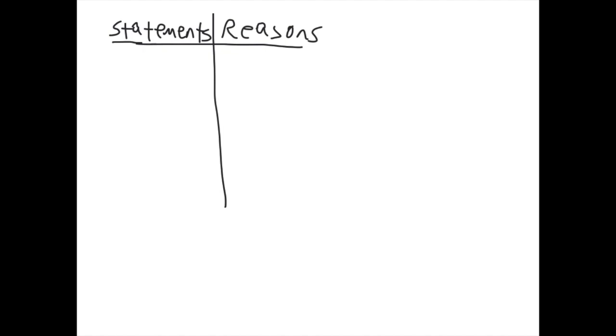Now, there's 3 parts to a two-column proof. The first part, the beginning, is where you write the things that were already given to you, your givens. And in those reasons, you will write given, because those are the things that were automatically given to you.